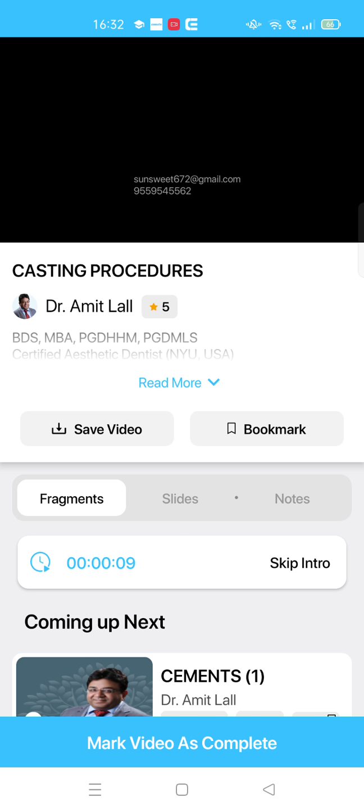For any investment material, like we start with gypsum bonded investment material, it will have two things. One is binder, another is refractory. Binder is the one which gives strength, refractory gives you expansion. So binder here is gypsum, that is calcium sulfate hemihydrate.